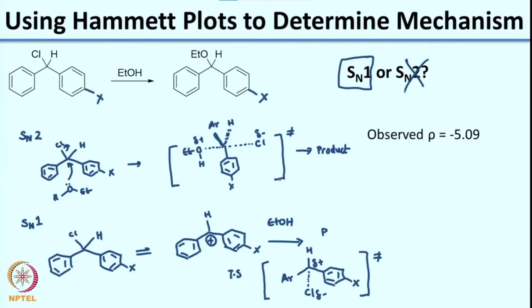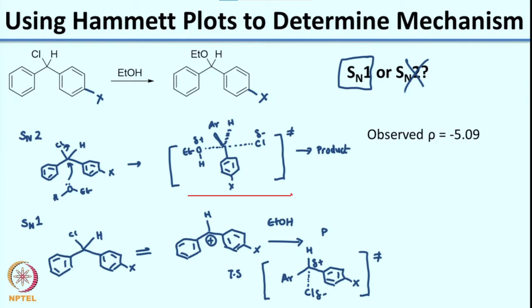Now again we are discussing Hammett plots to determine the mechanism. Here we have one molecule giving a reaction, and we can predict the mechanism for this type of reaction. The first possibility is the SN2 mechanism, in which the nucleophile attacks and simultaneously the chlorine is eliminated, giving an intermediate like this.